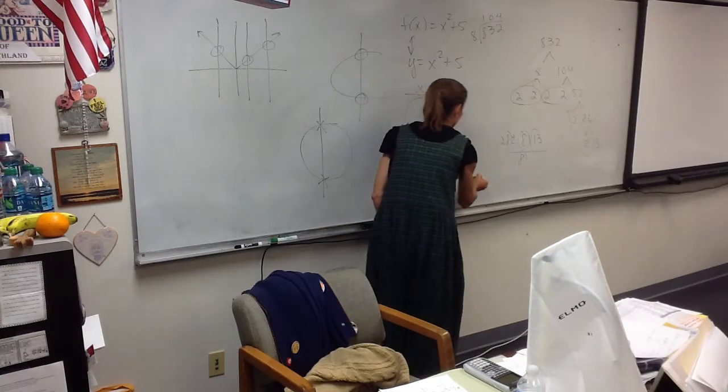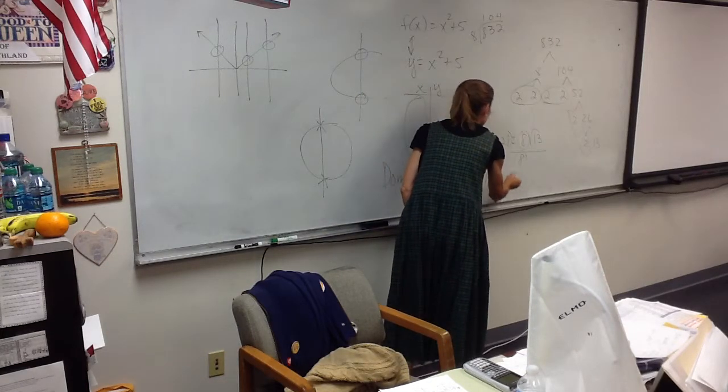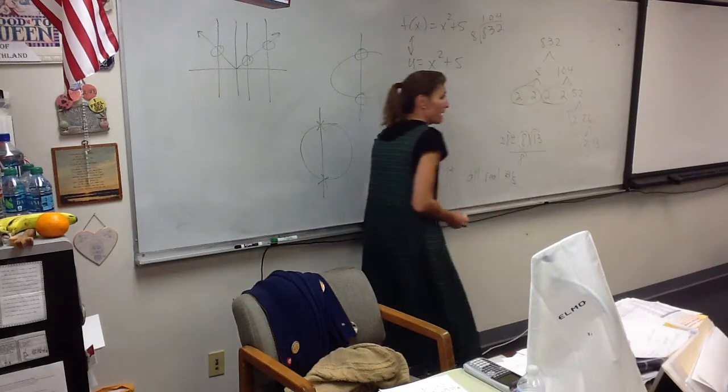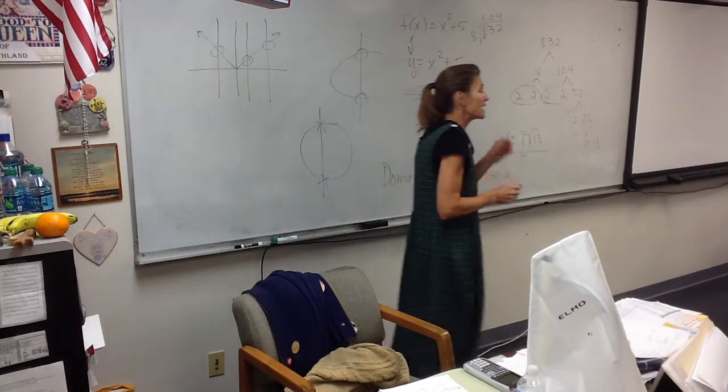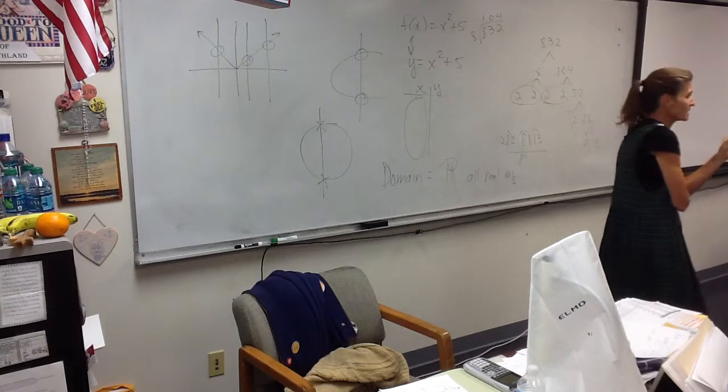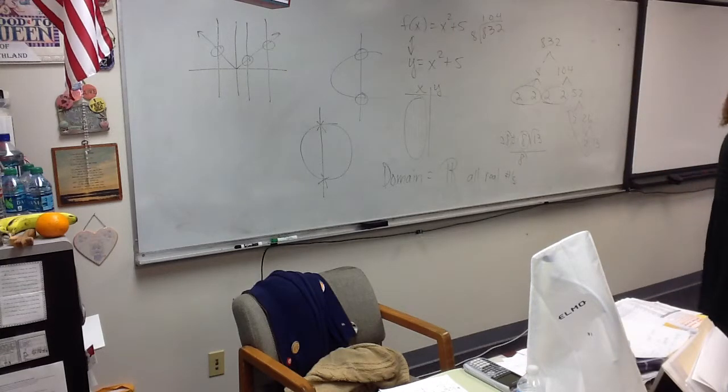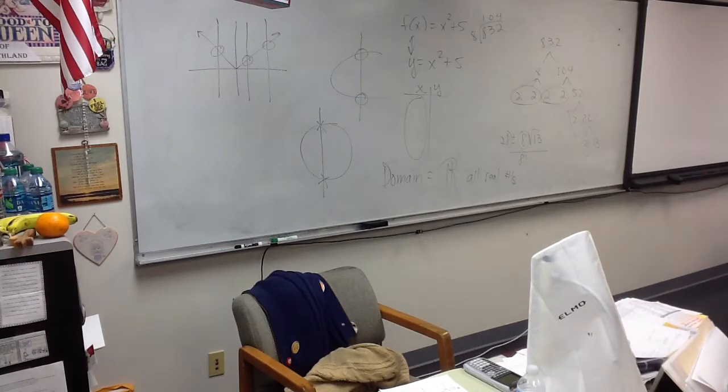Could you go over the order numbers? Just all of them. Now, here is what I want you to think about. Anytime, and please write this down, anytime someone asks you a domain question, the answer always starts out as all real numbers. But there are two things that can mess that up. There are only two things you have to worry about with domain.